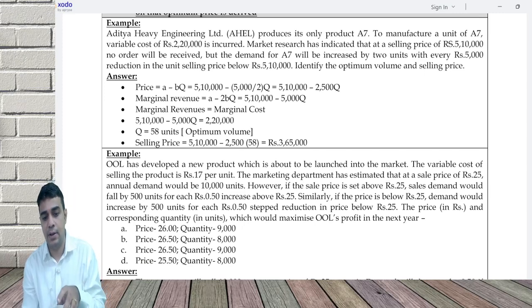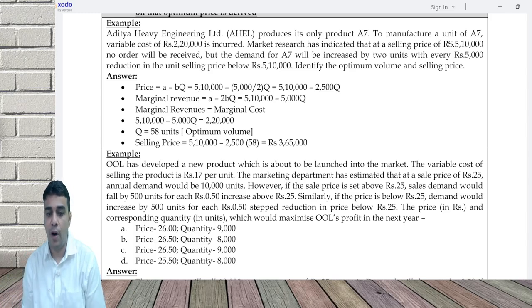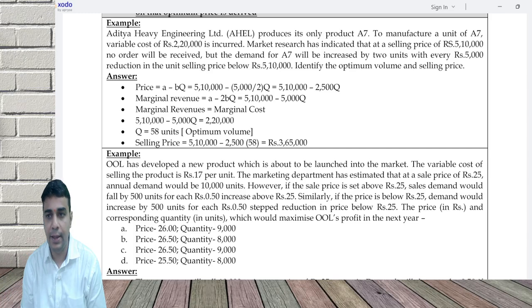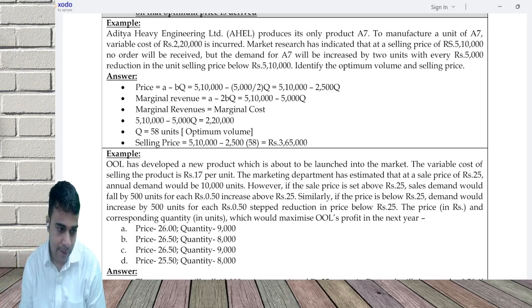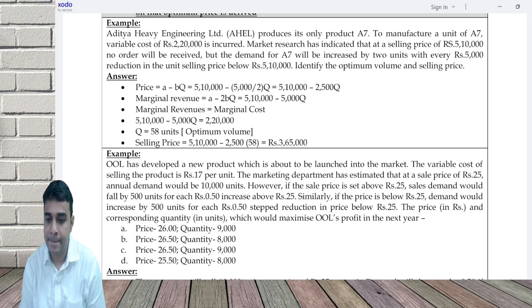I'll discuss it in some time. You try to form the equation. Form the equation. Try. I'll take you through in some time if you're not able to do it. A is not given.